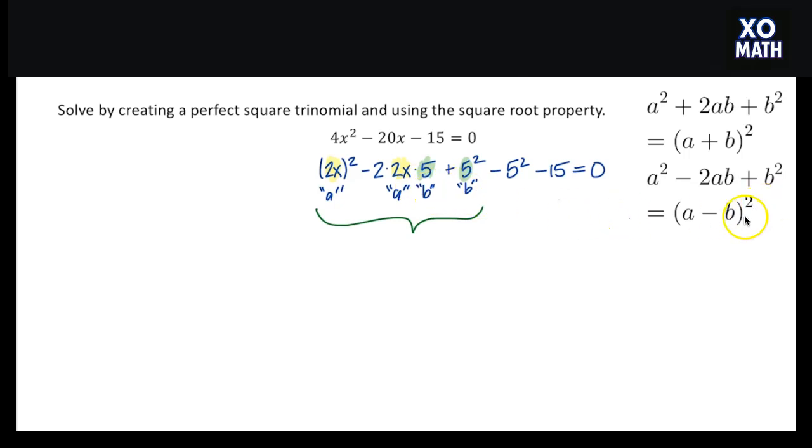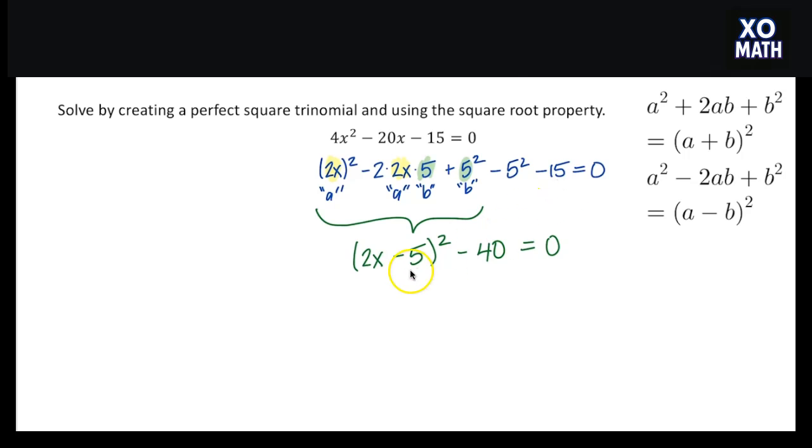So these first 3 terms are going to factor to a minus b, so 2x minus 5, all squared. And then these guys on the outside are just like terms, they're just numbers. So negative 25 minus 15 is going to be minus 40, is equal to 0.